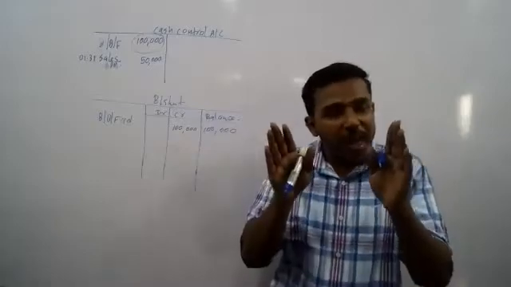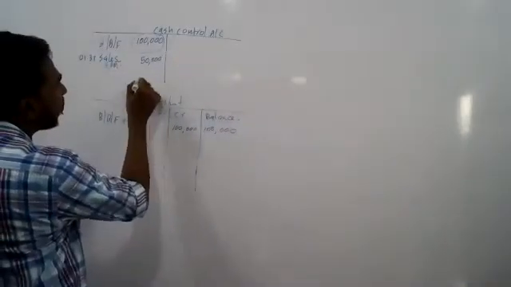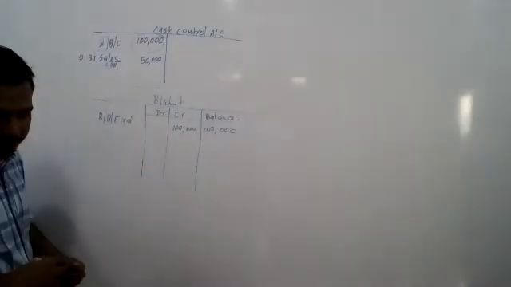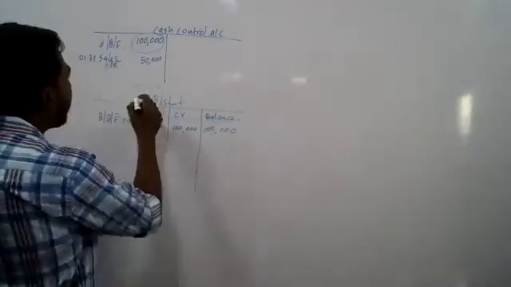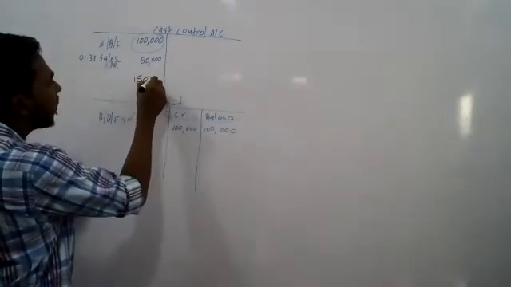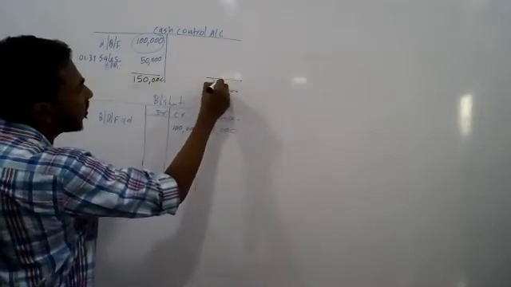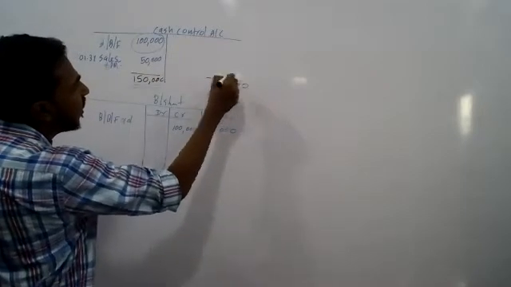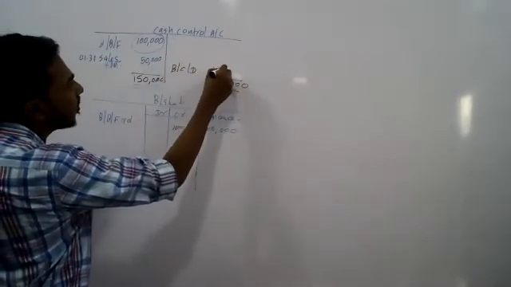So on 31st, now you balance off the ledger accounts. Now see, cash control account. If you balance off the cash control account, how much would the balance be? Here 150,000, here also 150,000. Then the balance carried down is 150,000.